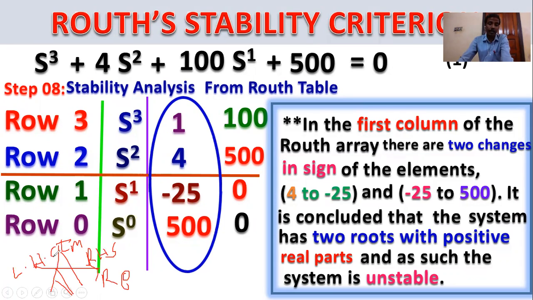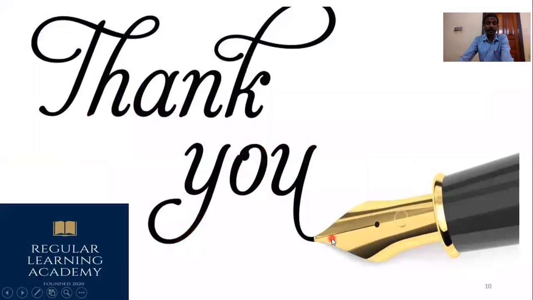With 2 changes in sign of the elements, the system has 2 roots with positive real part, so the system is unstable. Thank you.